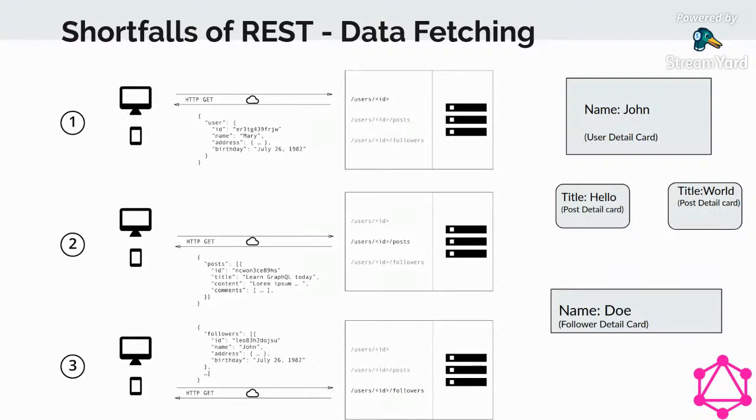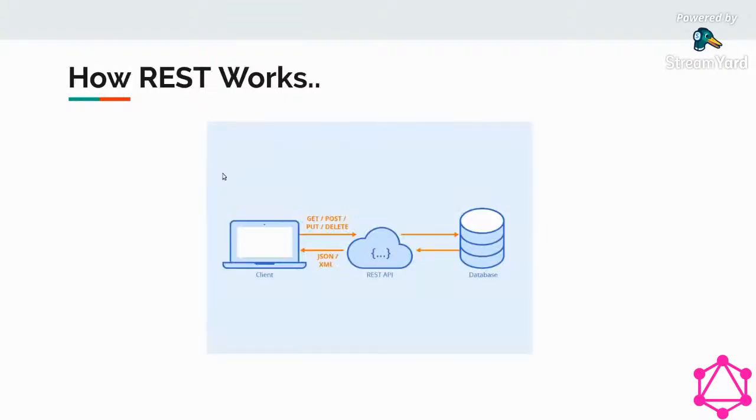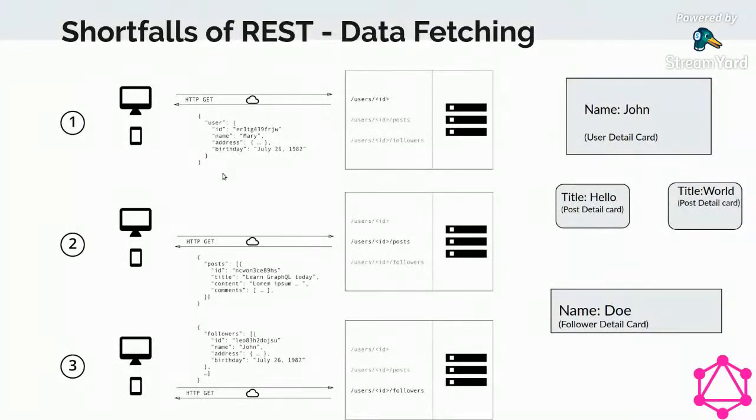And what do you mean by bulk of endpoints? We have covered the data overfetching and underfetching, now we come to the bulk of endpoints. As you can see, there are basically only 3 things I needed: the name of that user, the posts of that user, and the followers of that user, right? But for that I need to call these 3 APIs on my front end, which should not be needed.